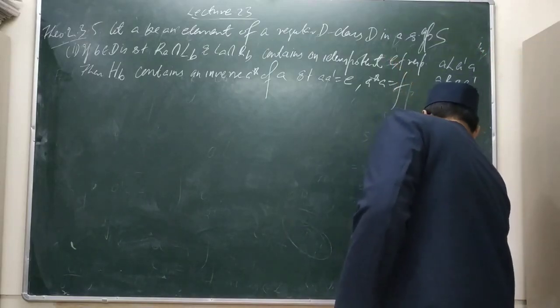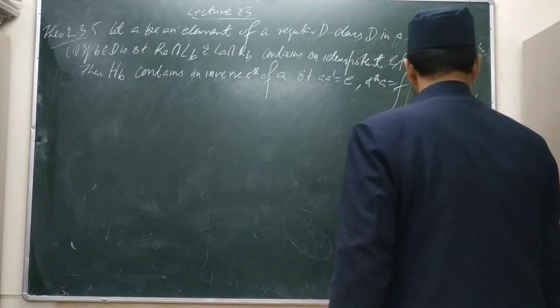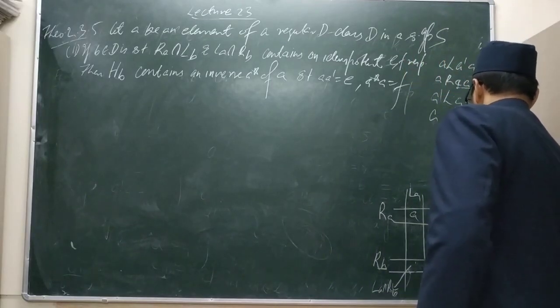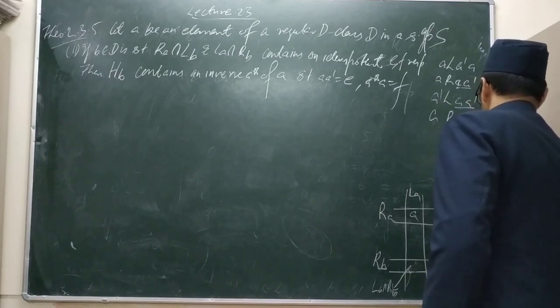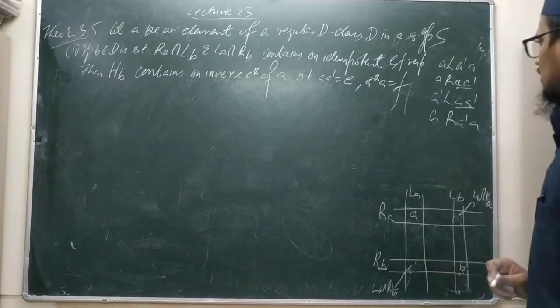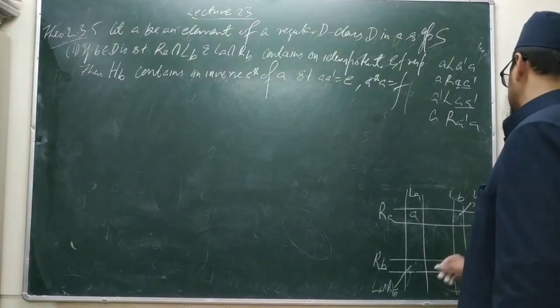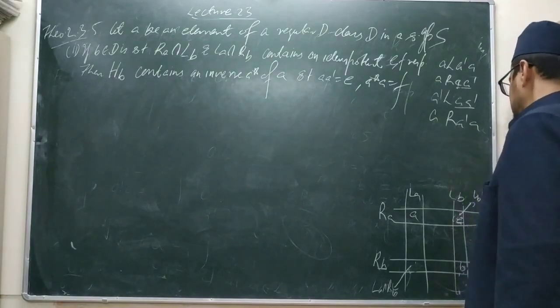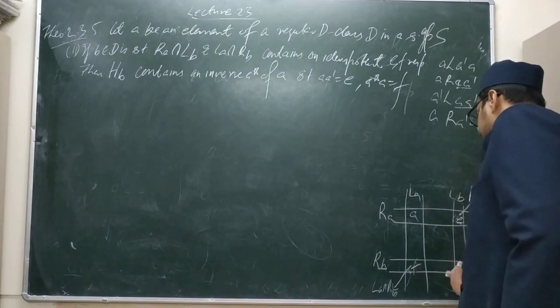This H class is L_a intersection R_B, and this H class is L_B intersection R_a. This is the H class, correct? Now what they are saying: R_a intersection L_B contains an idempotent E, and L_a intersection R_B contains an idempotent F.